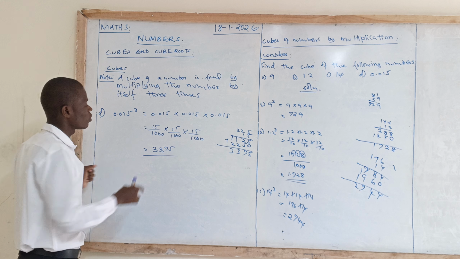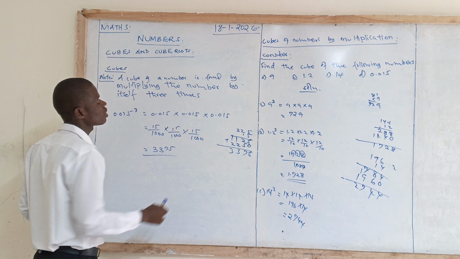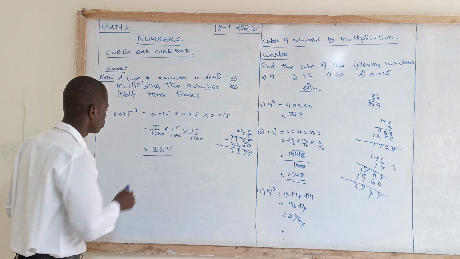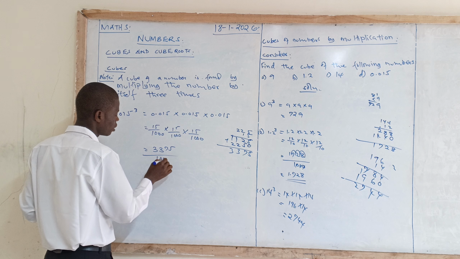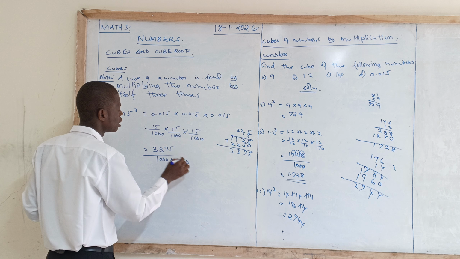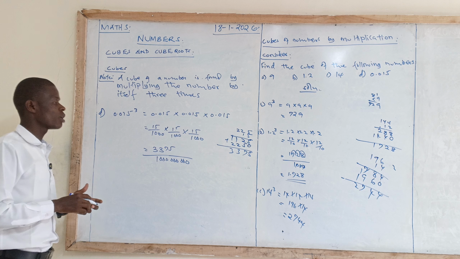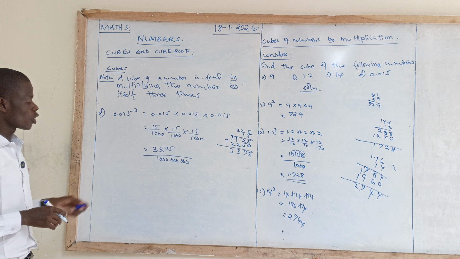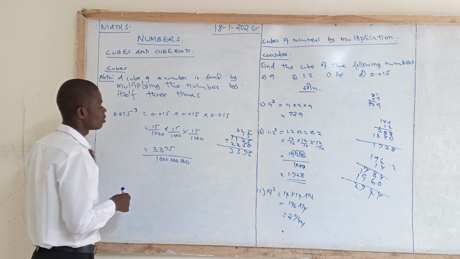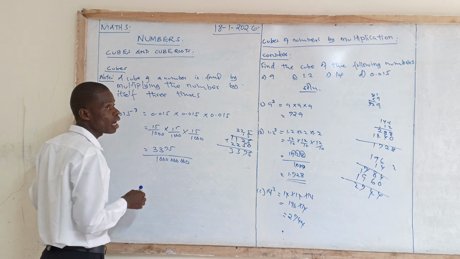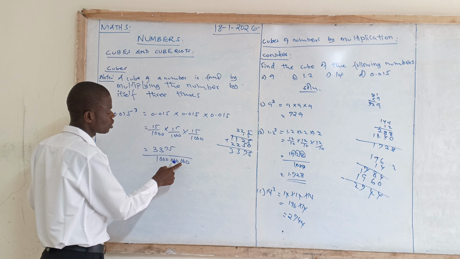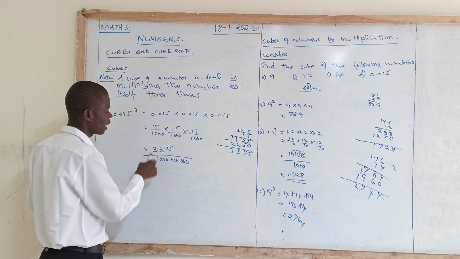That's 1 million. 1 million times 1,000. That's now 1 billion. A billion has how many zeros? 9 zeros. So we have 1 billion there. So we are dividing by 1 billion. We move steps to the left. How many steps? 1, 2, 3, 4, 5, 6, 7, 8, 9. 9 steps.